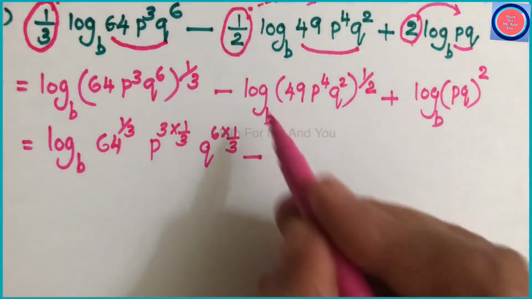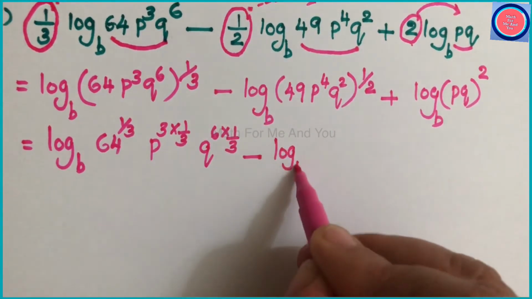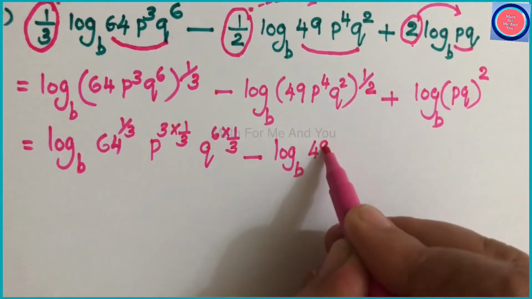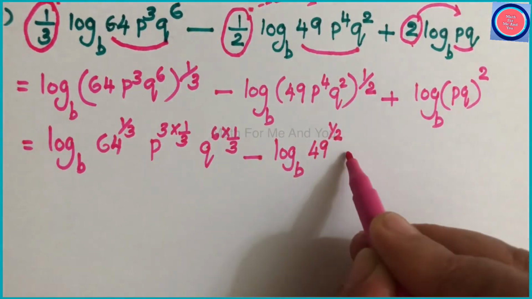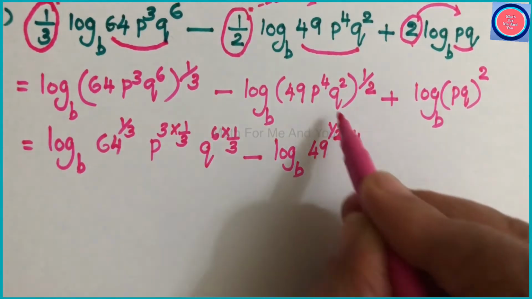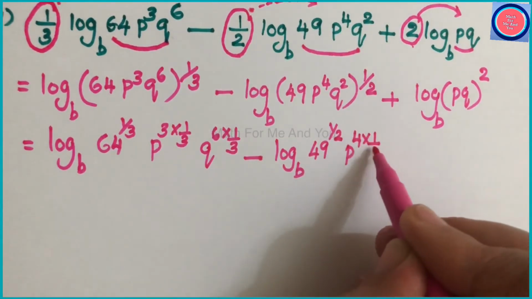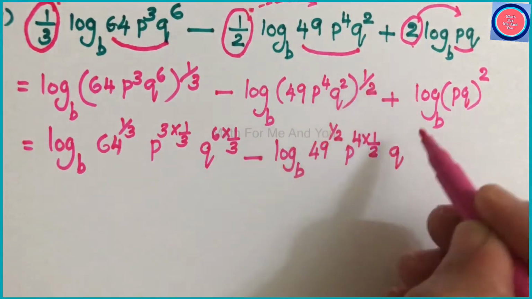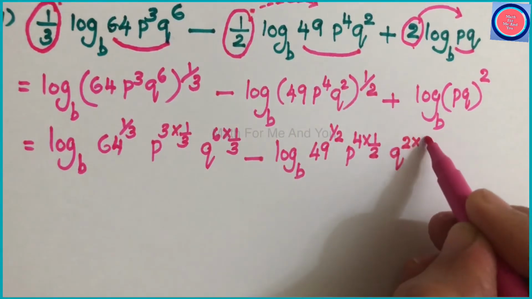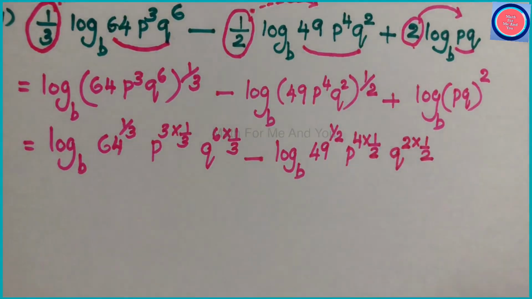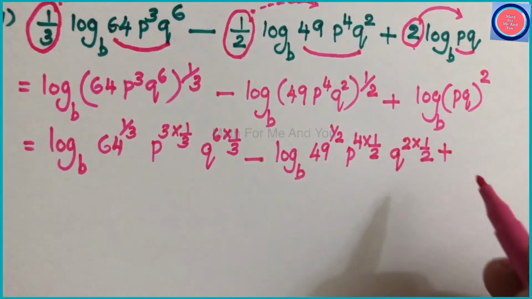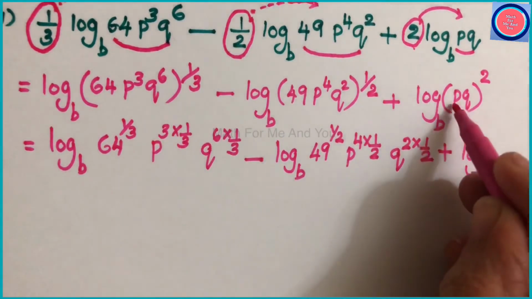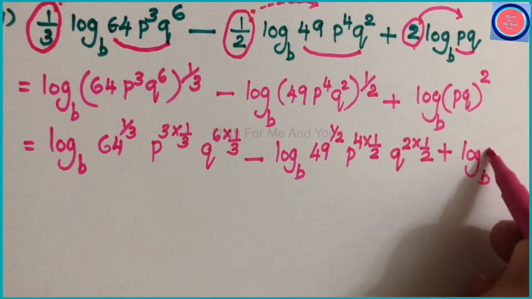Minus log to the base b. Here also we give the power separately: 49 to the power 1 over 2, p power 4 times 1 over 2, q power 2 times 1 over 2. Plus log p square q square to the base b.